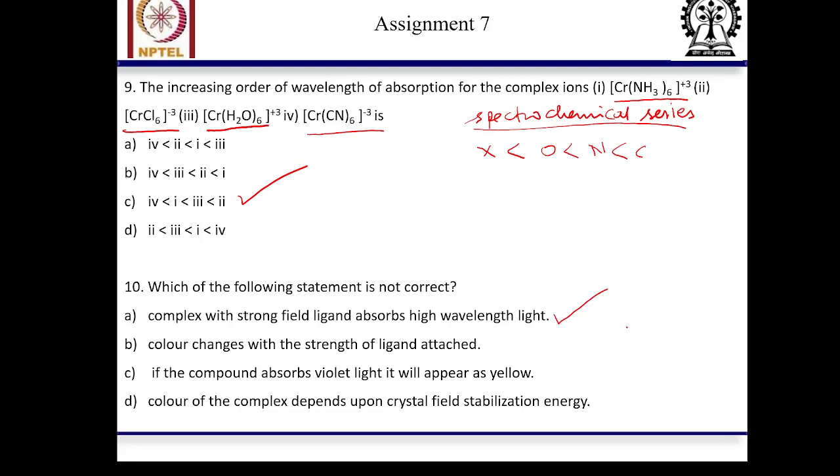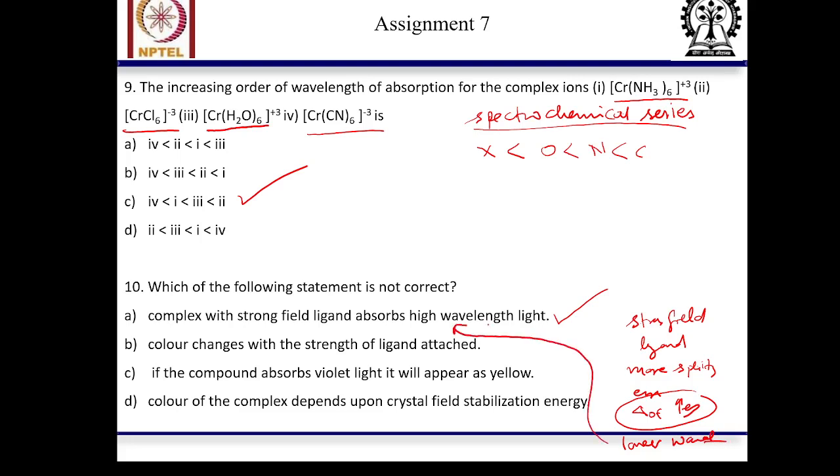Because strong field ligand means more splitting energy, means delta octahedral will be increasing. Delta octahedral increasing means it will absorb the lower wavelength, but it is saying the higher wavelength. This is the statement which is not correct.